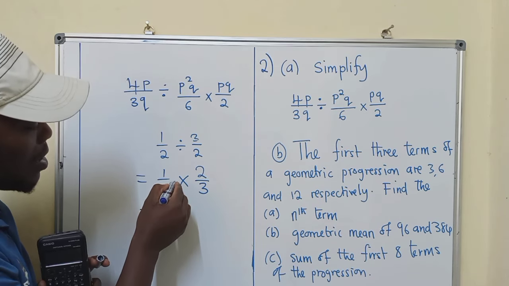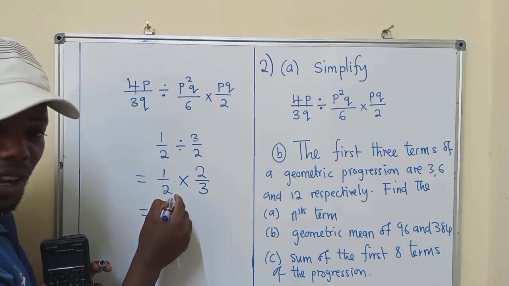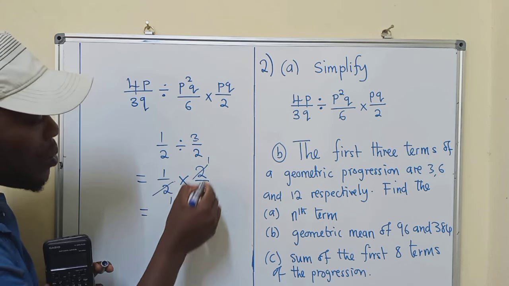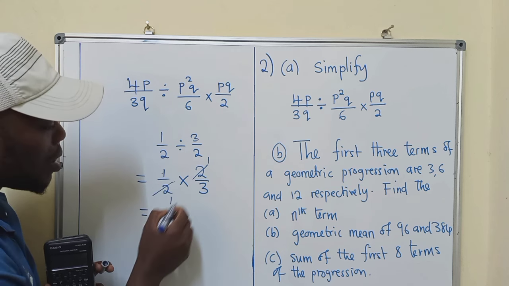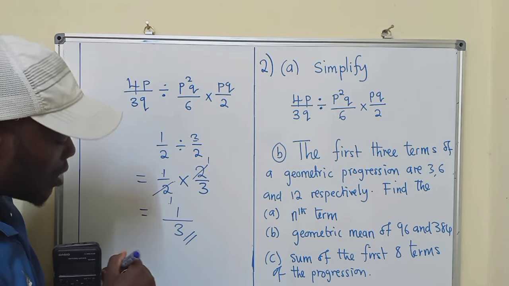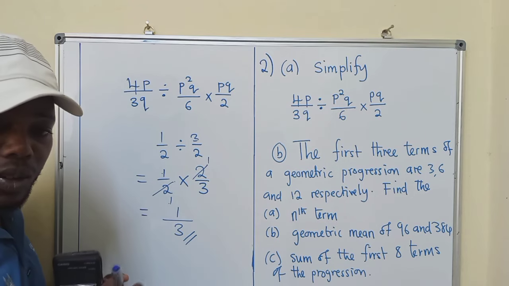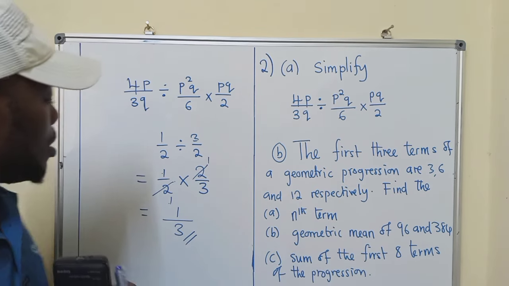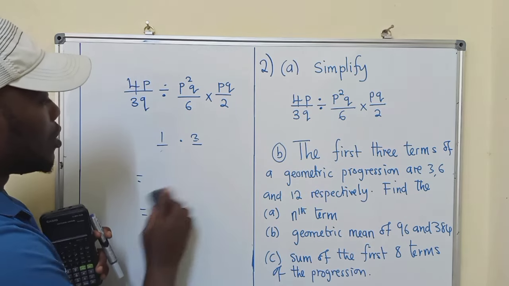Such that this and this are common, they can cancel. 1 times 1 is 1, 1 times 3 is 3. The same idea must be applied on this one. I guess you're now following.